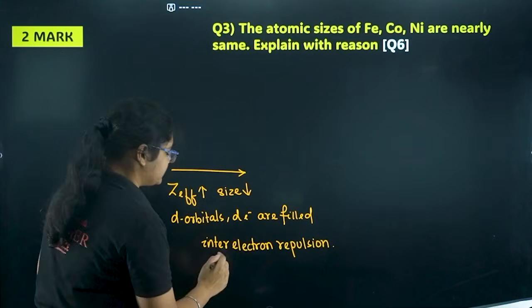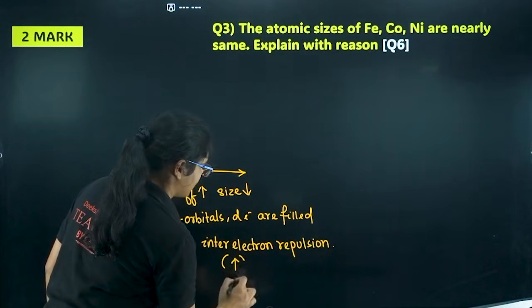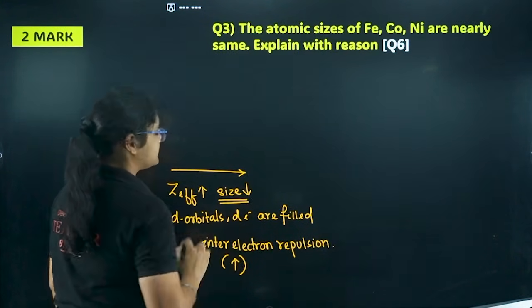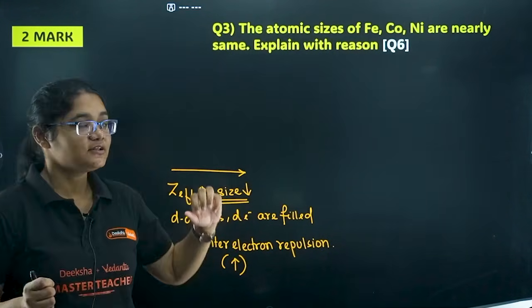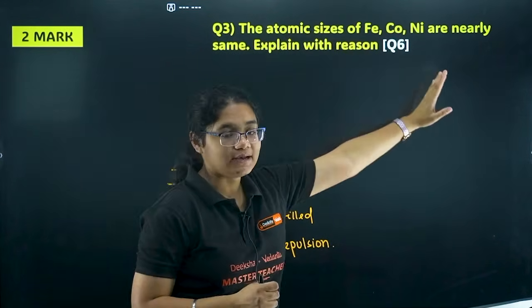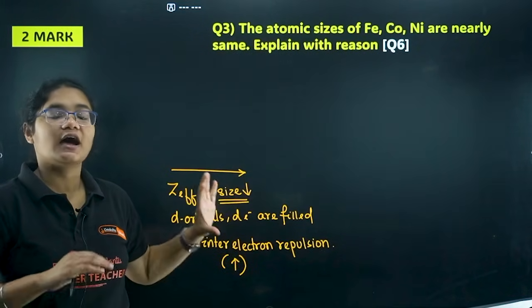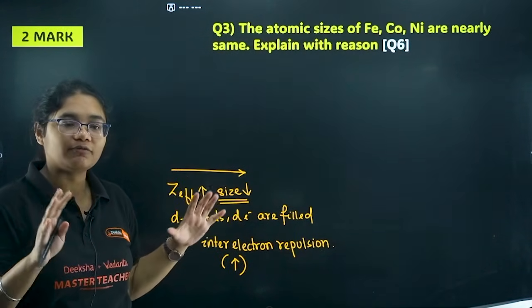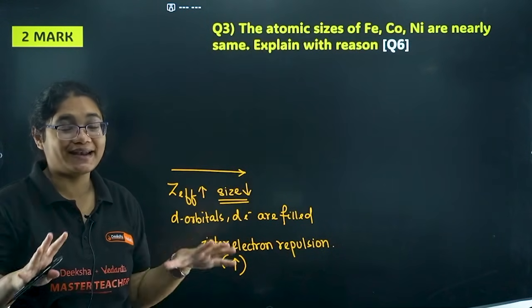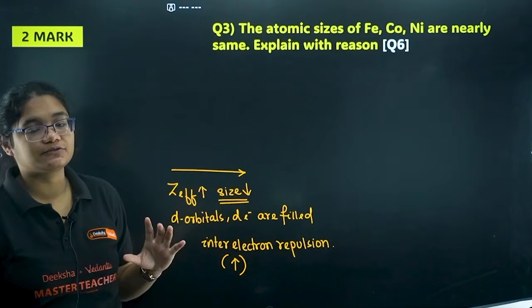This tries to increase the size of the atom, whereas the nuclear charge tries to decrease the size of the atom. So there are 2 opposing forces acting on each other. So when we reach iron, cobalt and nickel, both these factors are almost equal, and one tries to increase, one tries to decrease. The net effect remains 0 and the size remains constant.